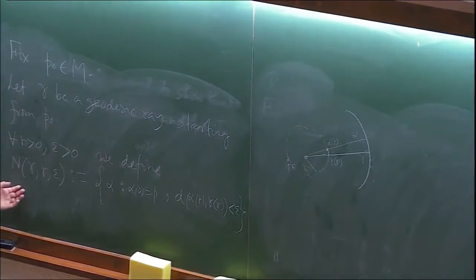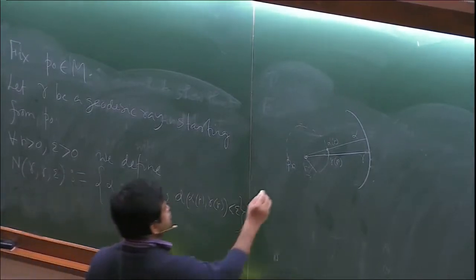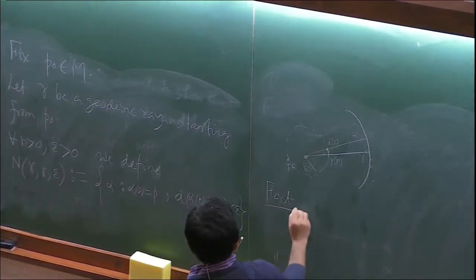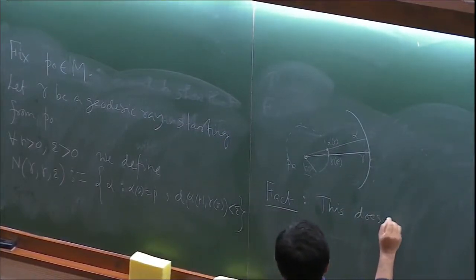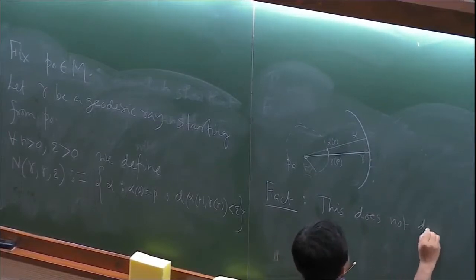So this is giving you the neighborhoods of this point gamma. And one can show that this topology does not depend on the point you have chosen.